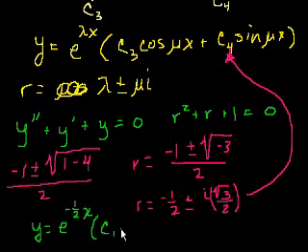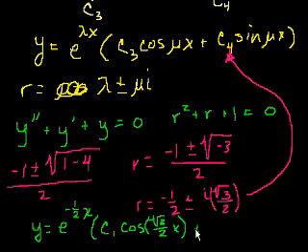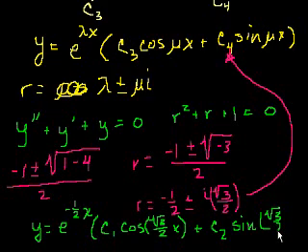I'll write c1 now. c1 times cosine of the imaginary part without the i. So cosine of square root of 3 over 2 x plus c2 times sine of square root of 3 over 2 x.